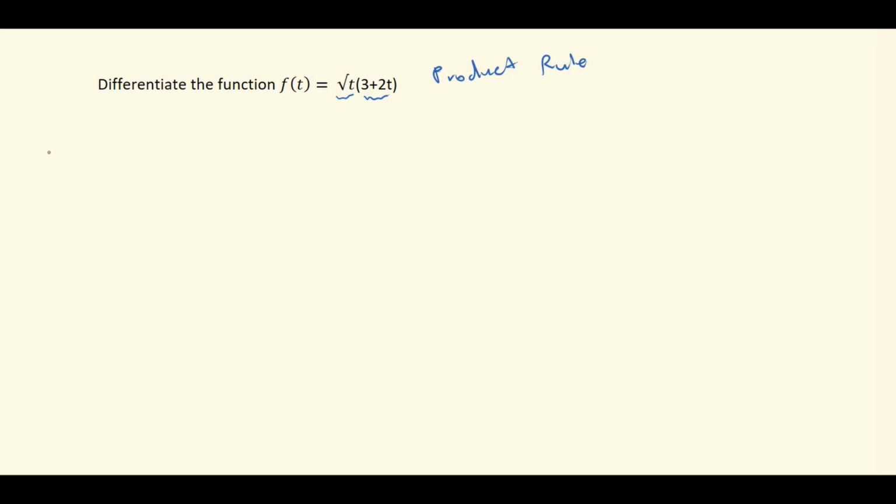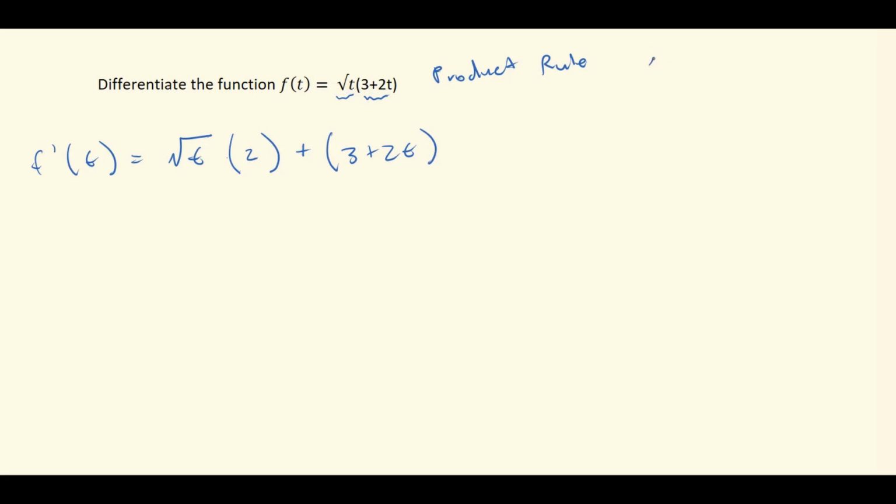So using the product rule, the derivative f prime of t is going to equal first, square root of t, times derivative second. The derivative of 3 plus 2t is just 2. Second, 3 plus 2t, times derivative first.